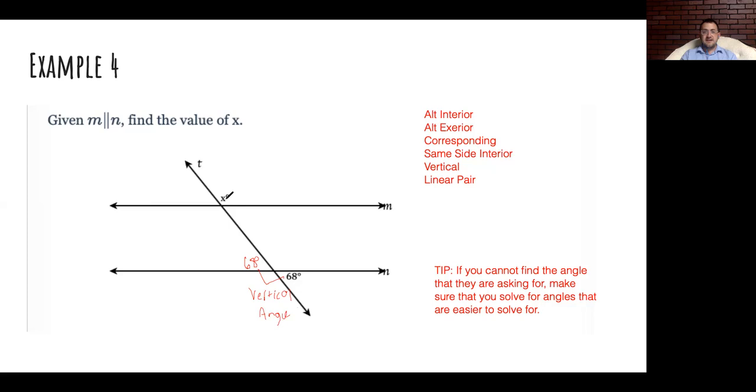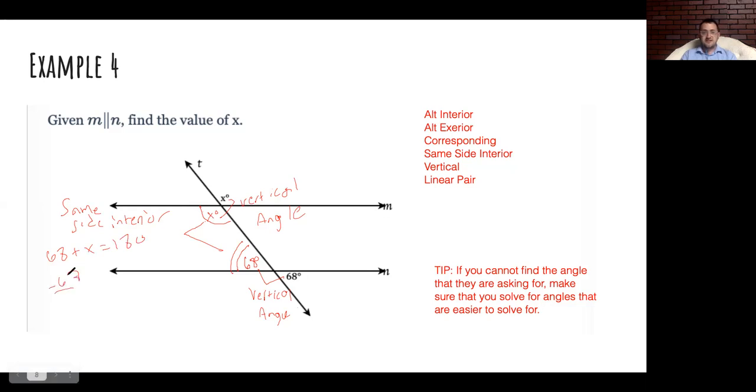And likewise, here, I have the X. So this also has to be X right there, since these are vertical angles. And then now I have an obtuse angle and an acute angle. So these are same side interior. So this is going to be 68 plus X equals 180.